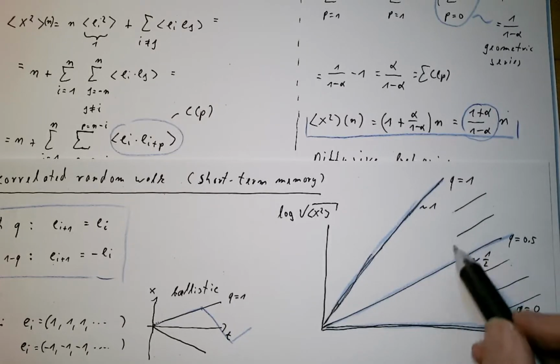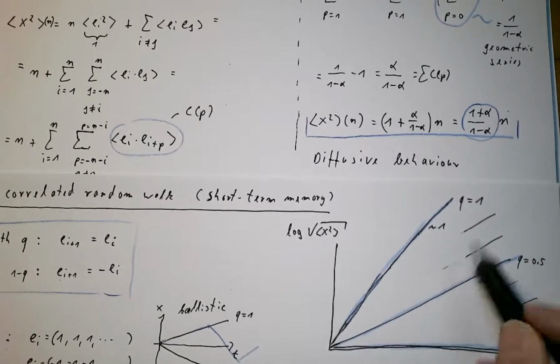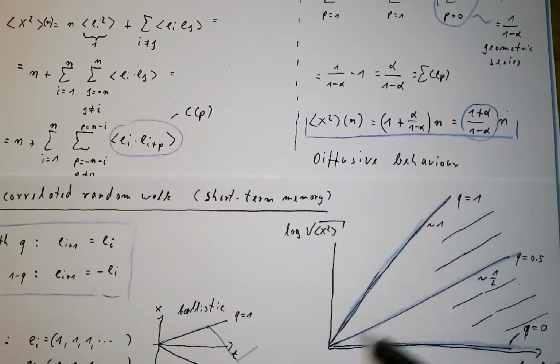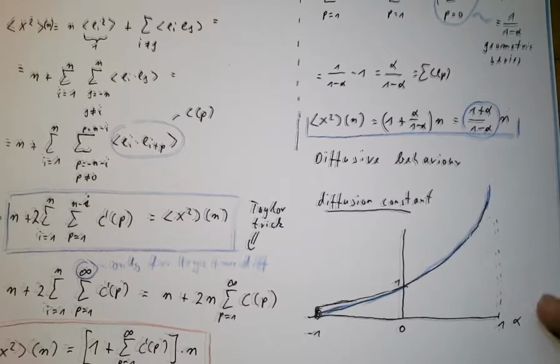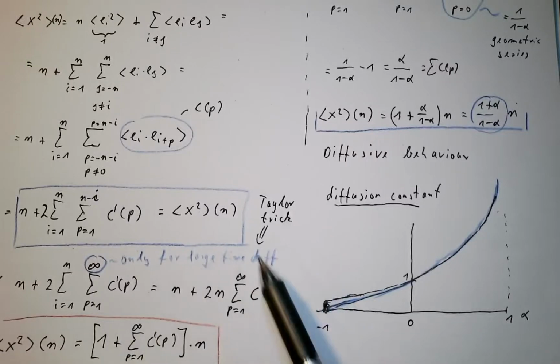How can it be that we got this analytic formula which says we should always have such a slope, but in the limiting cases we have these and this blue line? And now the trick is that the solution is that in order to calculate this, we needed Taylor's trick.